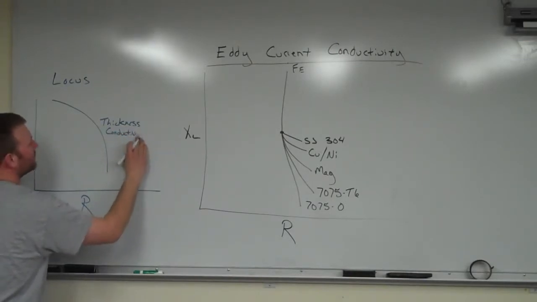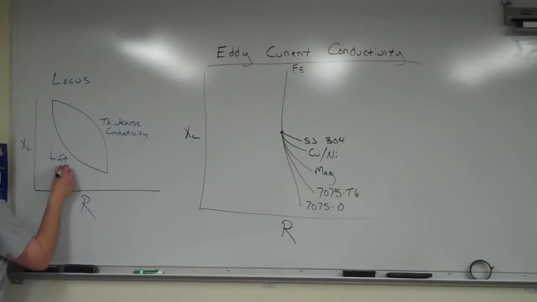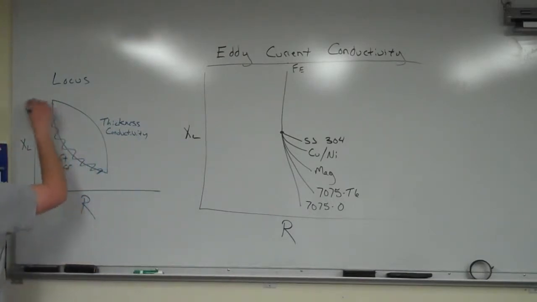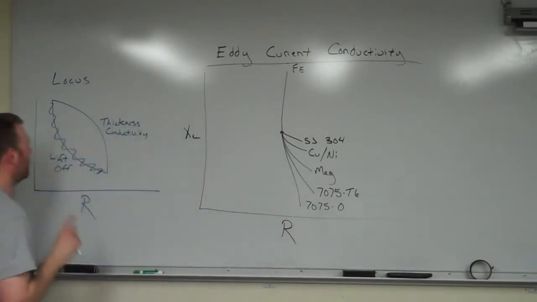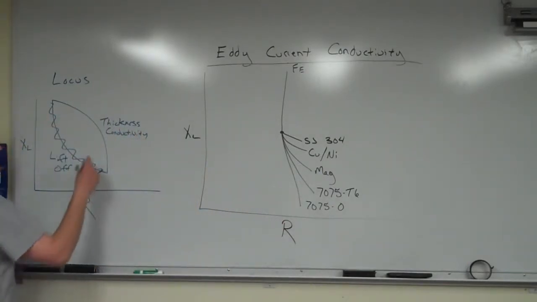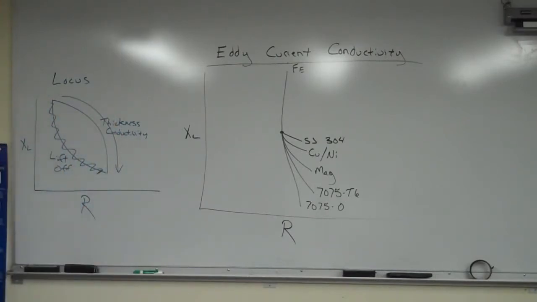This is the conductivity line, and this is the line you actually see, or our liftoff line. Right now we are only seeing this line right here. Liftoff, and so on. But what we're more concerned with, not necessarily our liftoff line, is increasing conductivity as we go farther and farther down on this line.